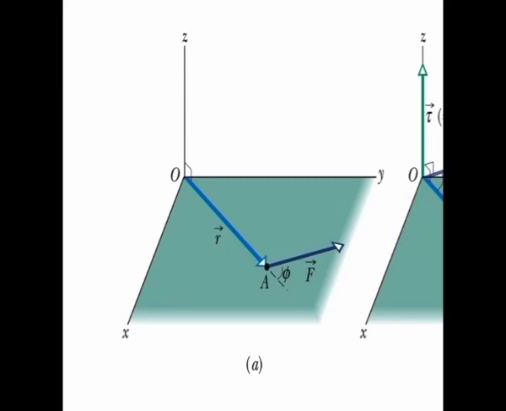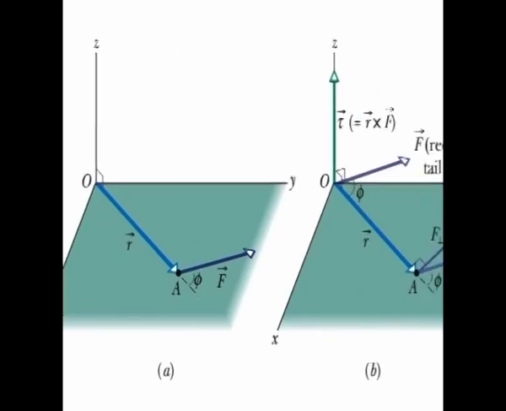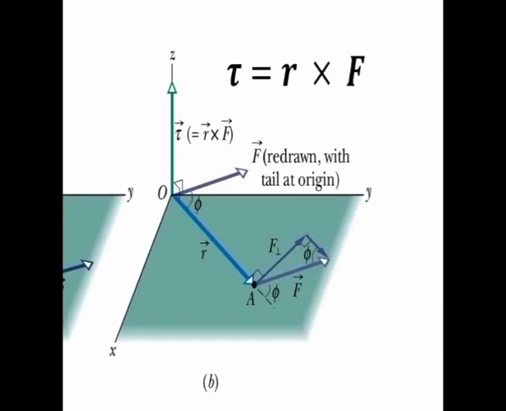The torque acting on the particle relative to the fixed point O is a vector quantity defined as tau equal to r cross F. We can evaluate the vector product in this definition of torque by using the rules for vector multiplication. To find the direction of torque, we slide the vector F without changing its direction until its tail is at the origin O, so that the two vectors in the vector product are tail to tail.